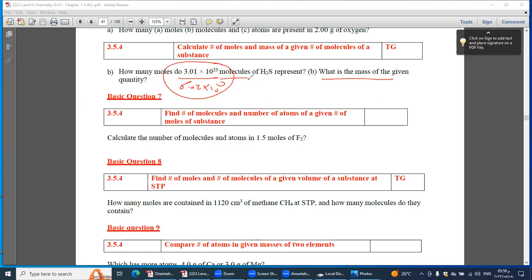We have 0.5 moles multiplied by molar mass. Molar mass of H2S from the periodic table: H is 1 times 2 plus 32, so we have 34. 0.5 multiplied by 34 is equal to 17 grams.